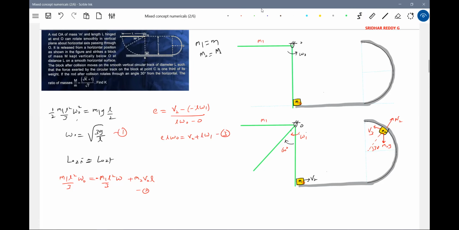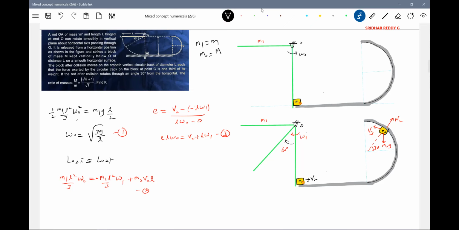Let's come to the block here. The rod after collision rotates through angle 30 degrees. Can we get this omega 1?